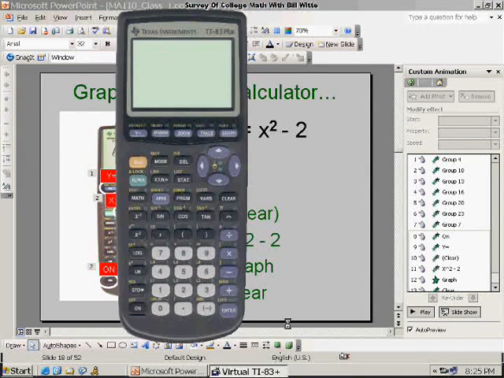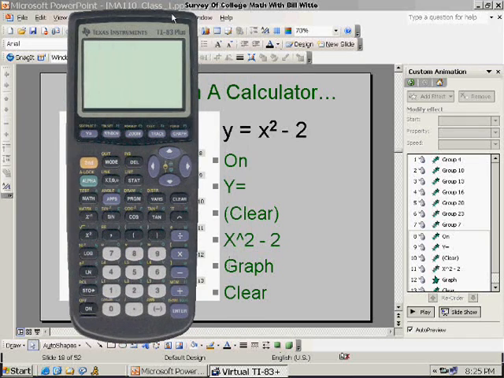Now, I'm going to try and do that with my calculator. I'll turn it on. And I'm going to hit y equals. And I'm going to clear out the old work from last time. And I'm going to hit X. There's the X button. I use the to the button.